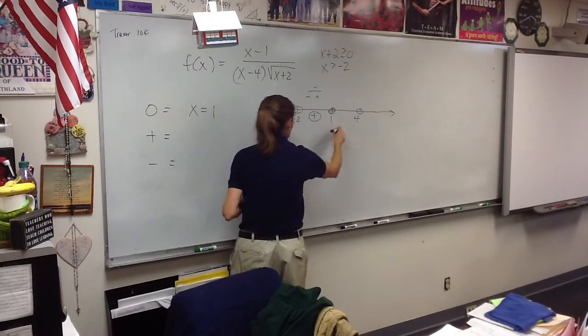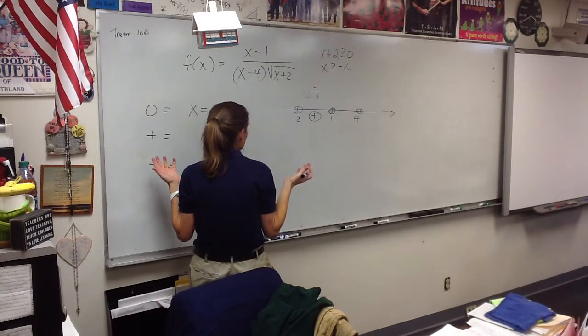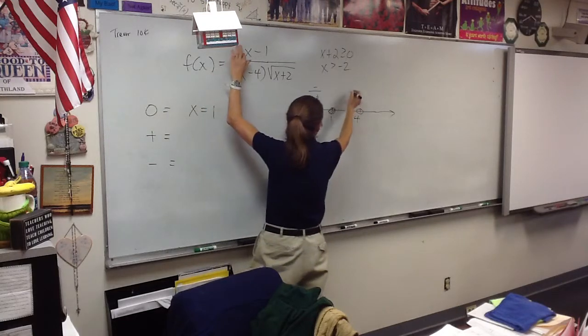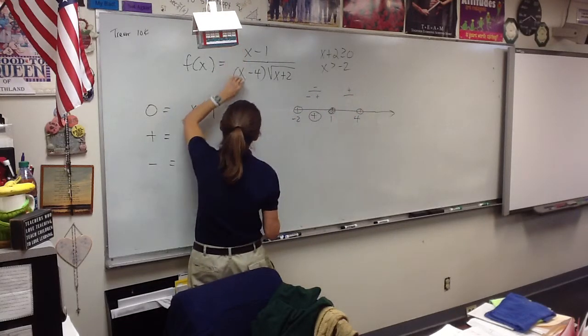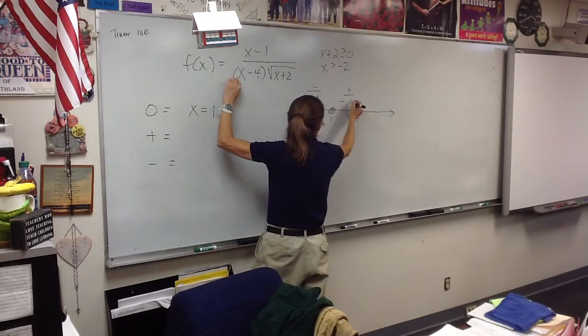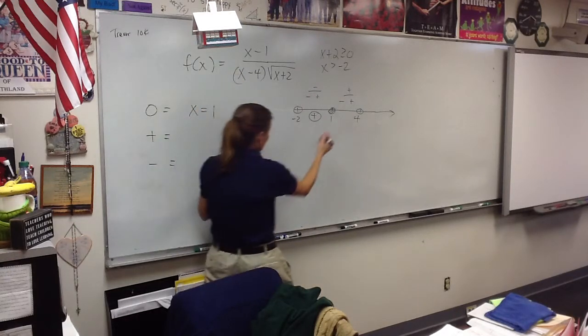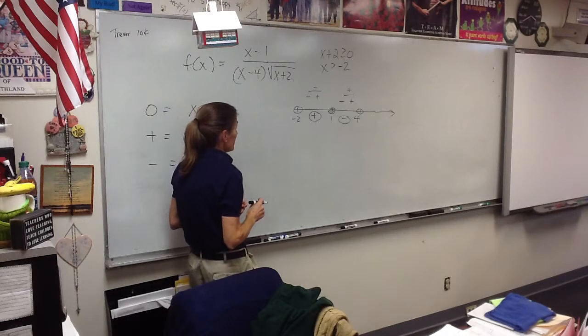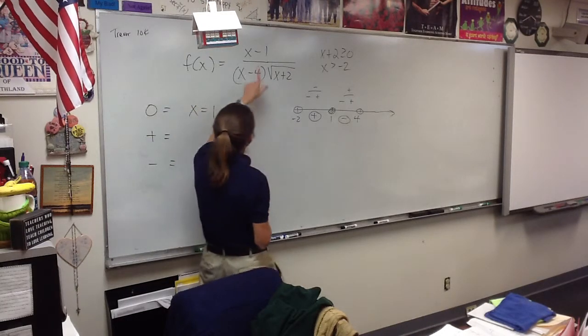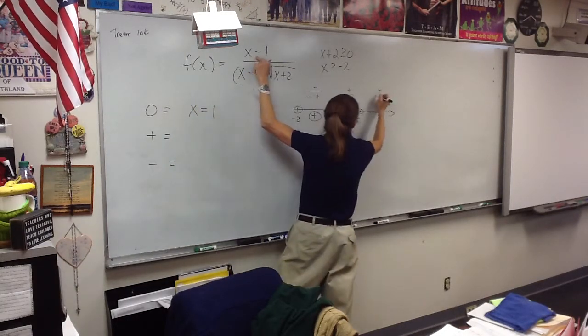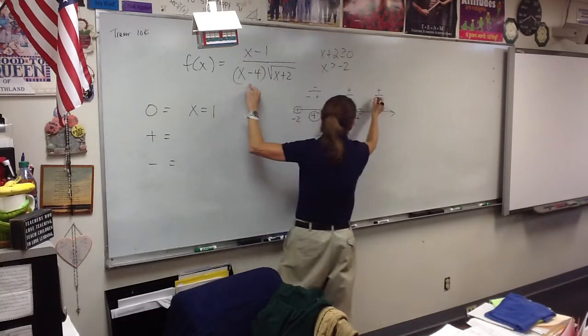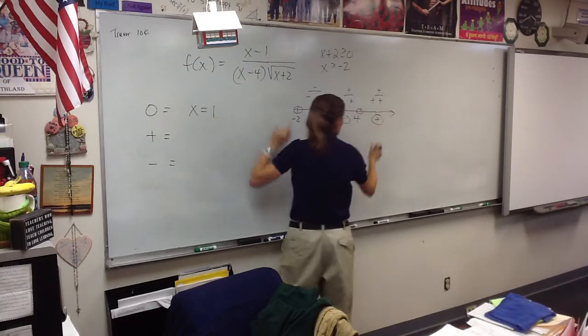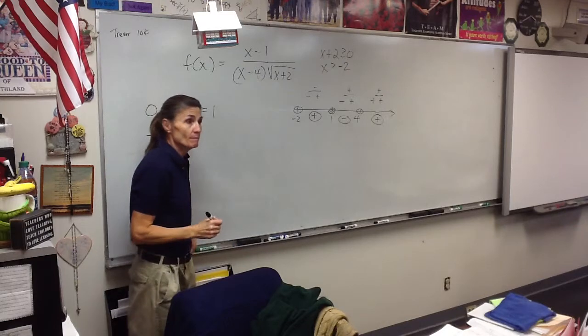All right, now let's put in a number in there. 2. 2 would be positive. Negative, positive. So negative. So this section is negative. And then 5 would be positive. Positive, positive. So that section is also positive.